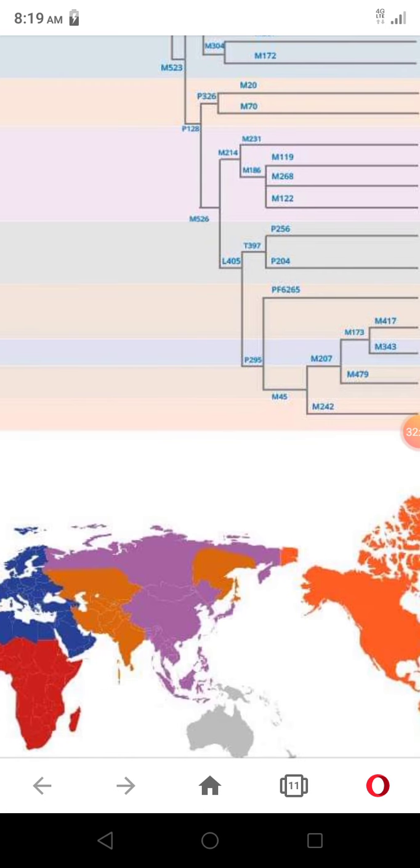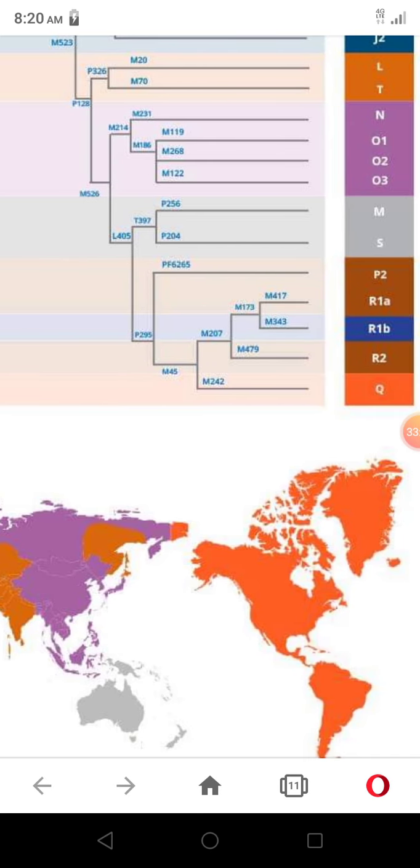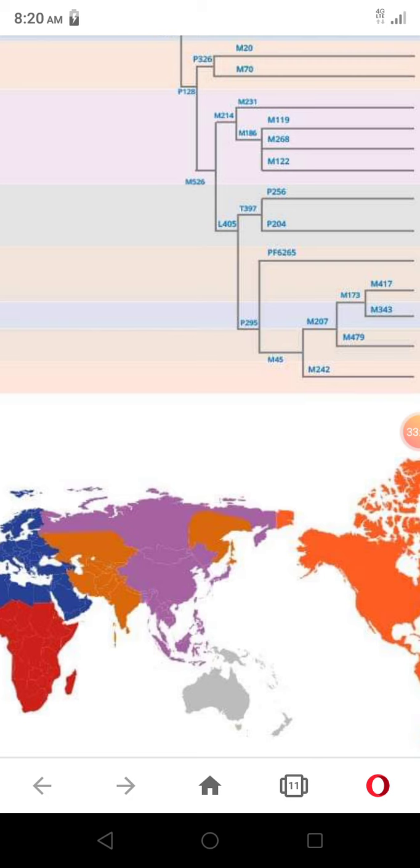And then you have a possible grouping of different R groups. So it's not just R1B and R1A. You have these R's that are in Central Africa and in South Africa, and these are your dark complexion Japhetic people.